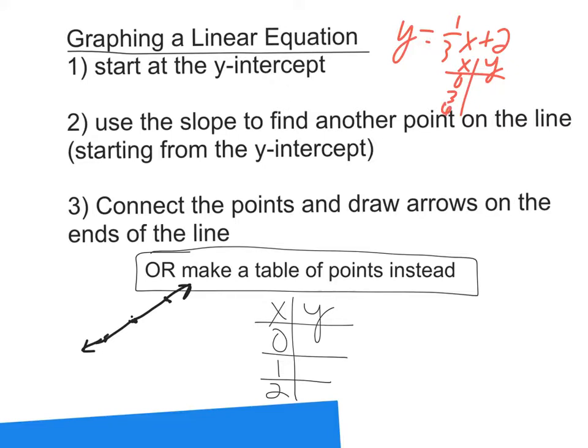So 0, 3, and 6 could be my x values. The reason I'm picking those is because that's going to give me y values that are not fractions. If you don't use multiples of the denominator, you'll end up getting fractions for your y value, and that makes it harder to graph.